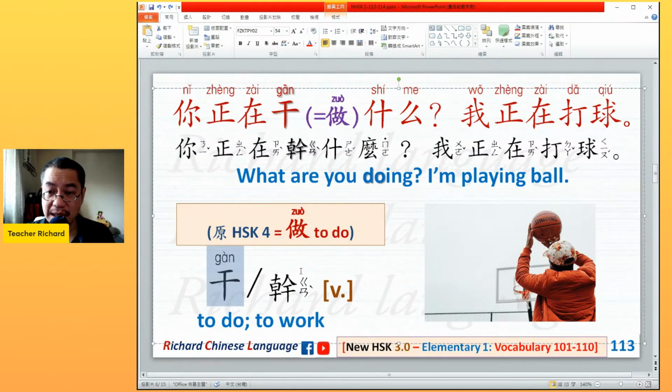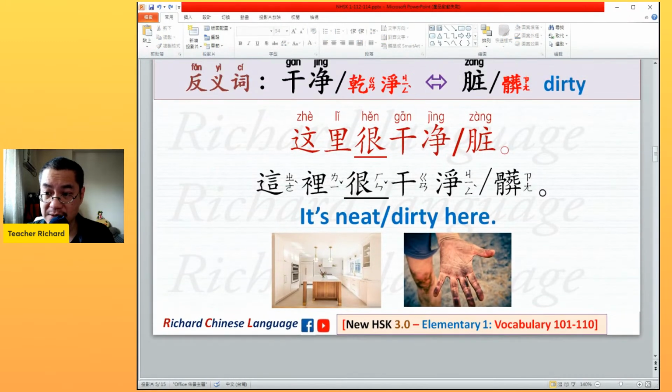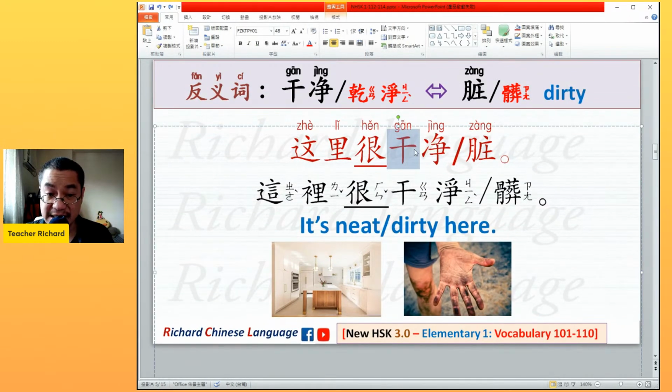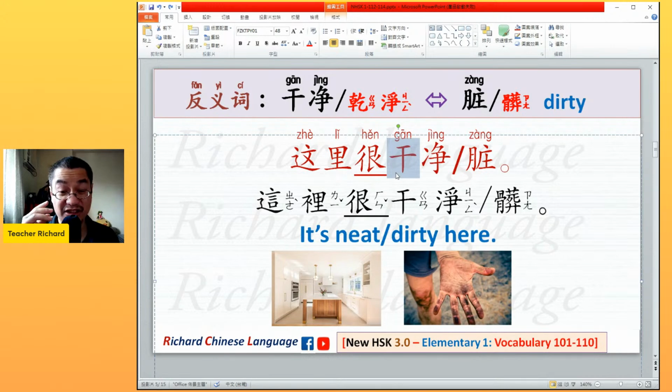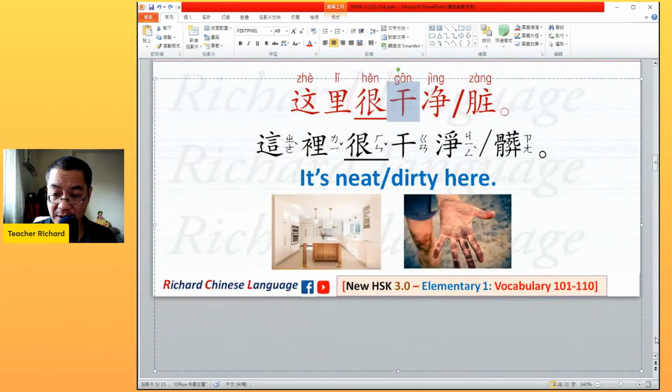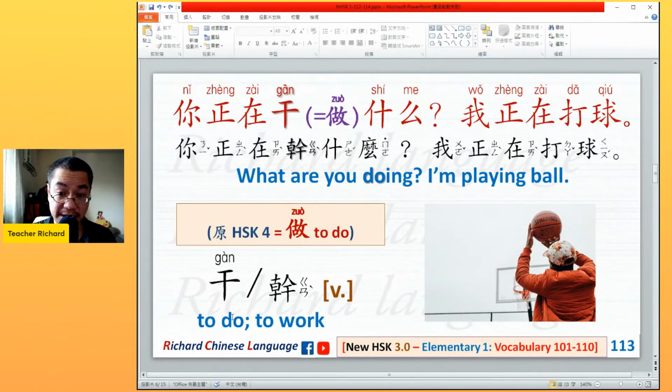And remember, when you use this word in clean, 干净, we pronounce it in the first tone, 干净. But when you use this word as a verb, the pronunciation is different.